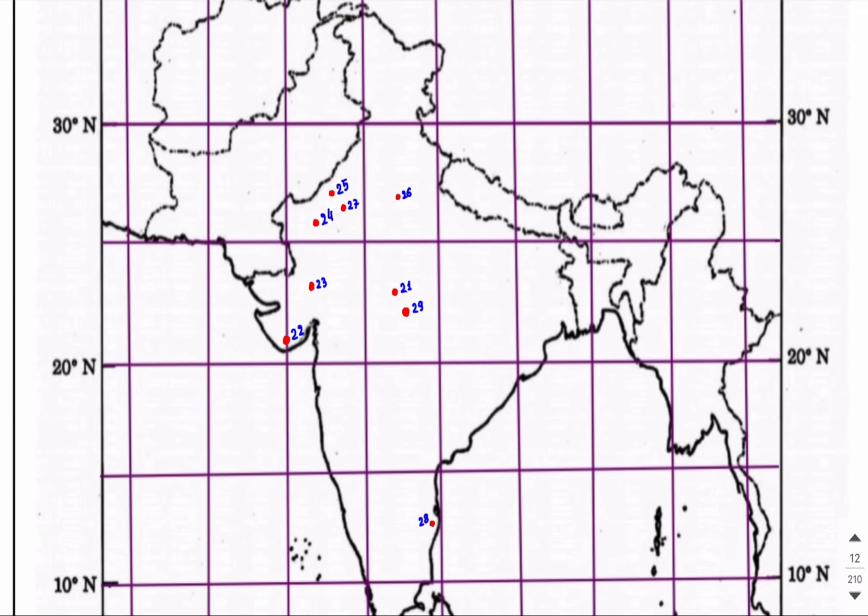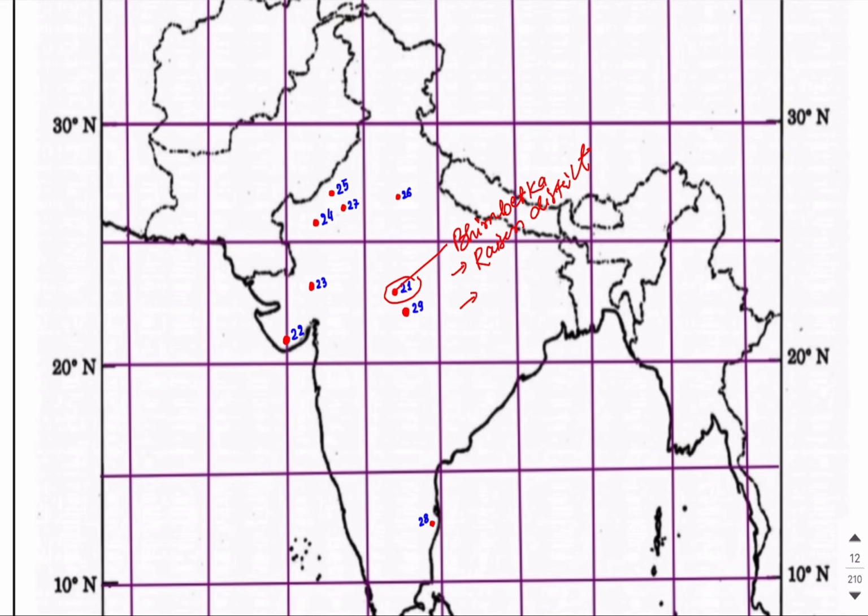Now let us see the 21st site. It is the Bhimbetka, which is present in Madhya Pradesh. Bhimbetka, okay, which is present in the Raisen district of Madhya Pradesh.